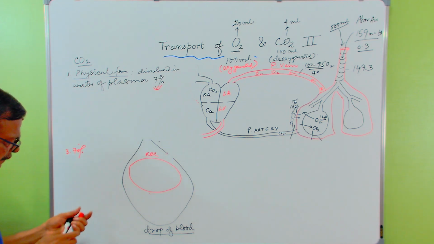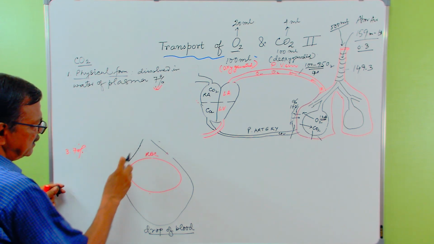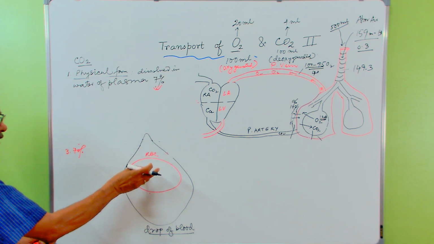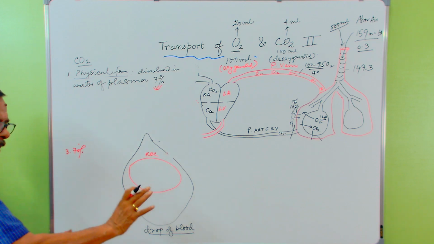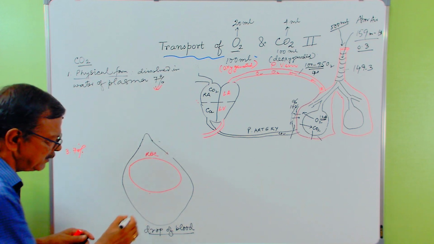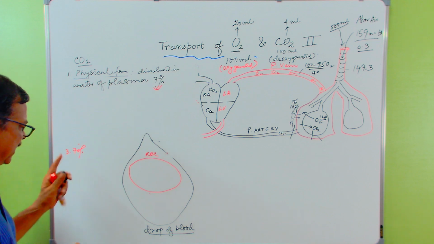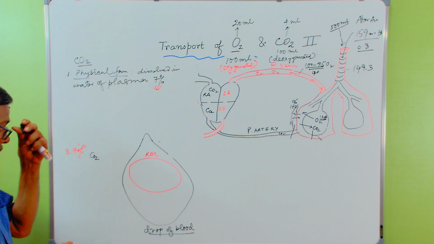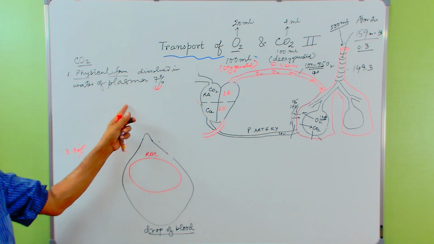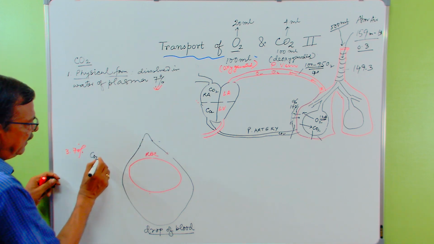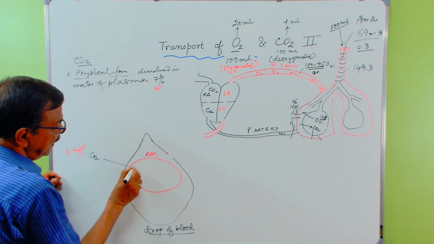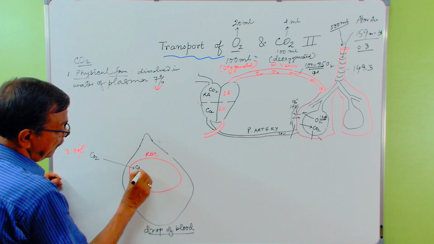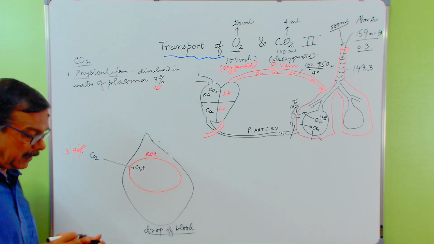Now out of this 70%, 70% comes here in the blood. In the blood we know that there are RBC, WBC, platelets and plasma also. First, the CO2 produced in the cell enters into the RBC.